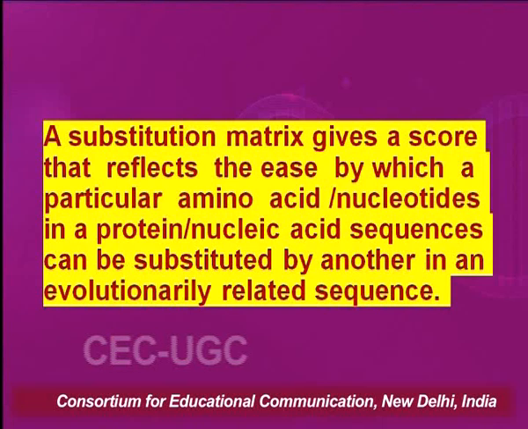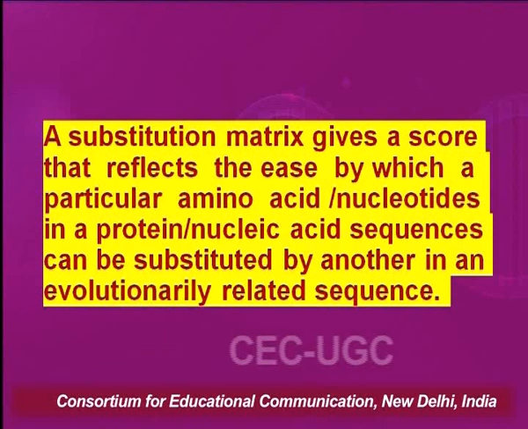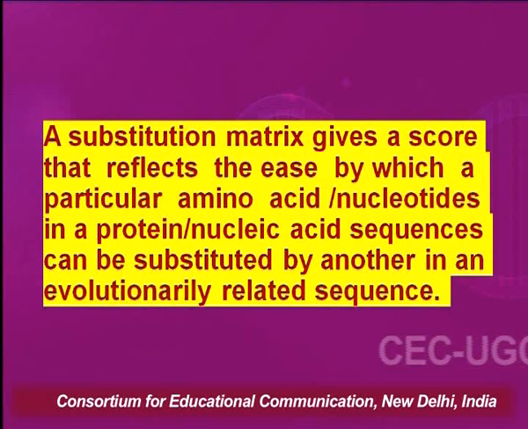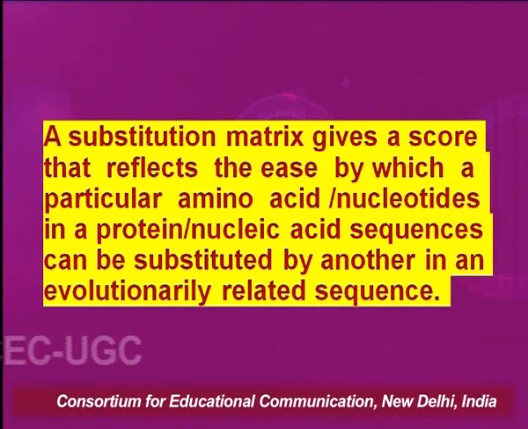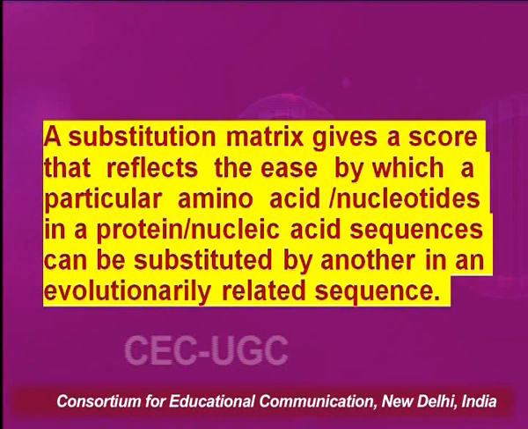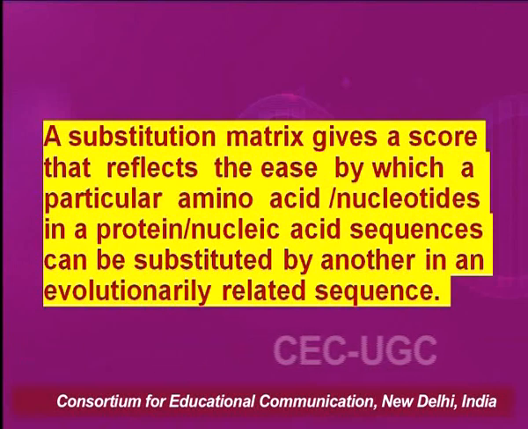So in a multiple sequence alignment, we create a score on the basis of the likelihood, or the ease, by which a particular amino acid can be replaced by another amino acid, or a particular nucleotide can be replaced by another nucleotide.